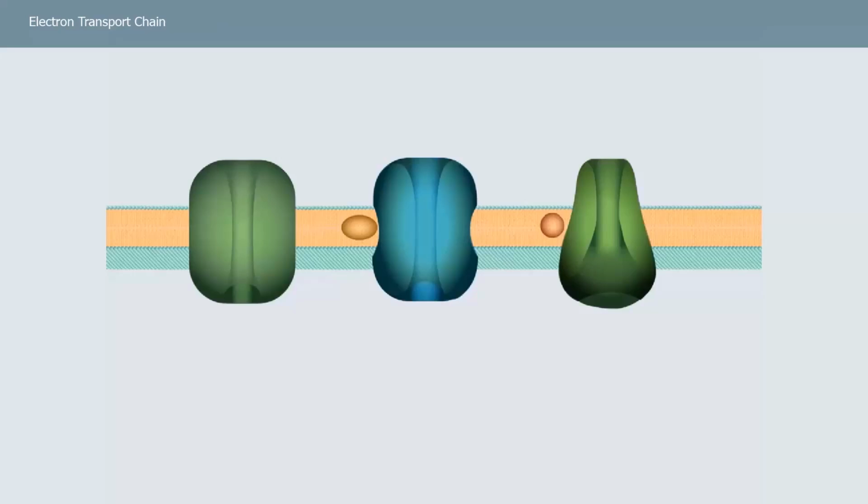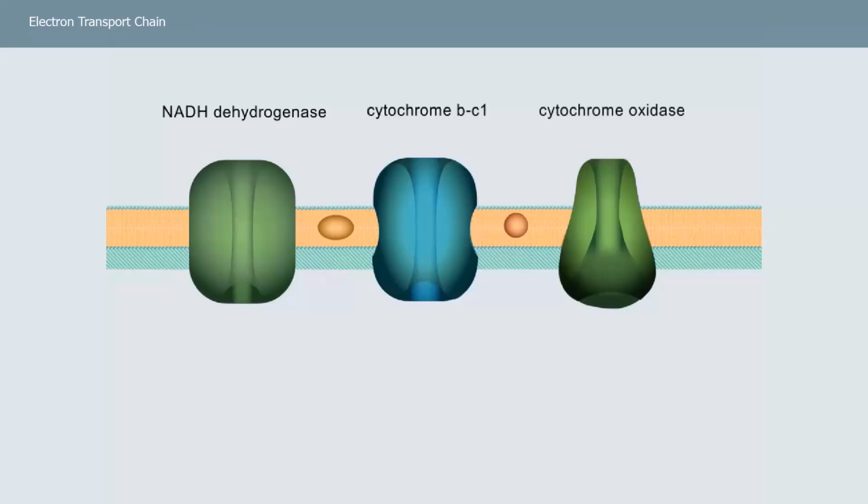The names of these 3 protein complexes are NADH dehydrogenase, cytochrome bc1 and cytochrome oxidase, respectively. There are 2 other mobile carriers, ubiquinone and cytochrome c, that also constitute the electron transport chain.